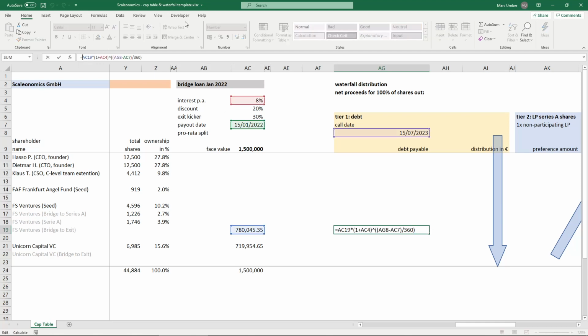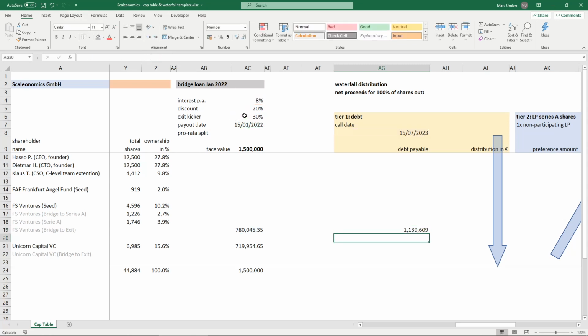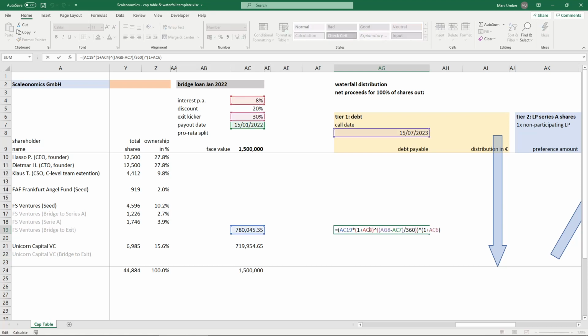And now we add the exit kicker, 1 plus 30%, which will be 1.1 million euros.